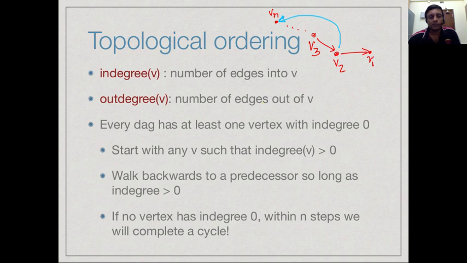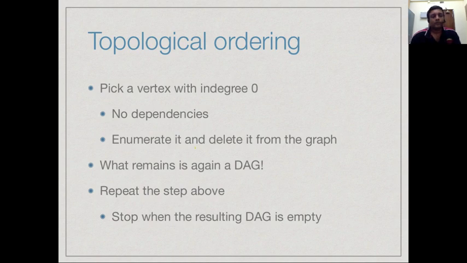But this is a contradiction because we have an acyclic graph. So in any directed acyclic graph, there must be at least one vertex with in degree 0, which corresponds to a task with no dependencies from where we can start our enumeration of the tasks.